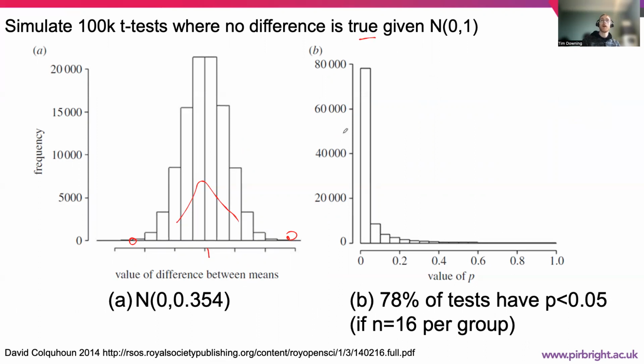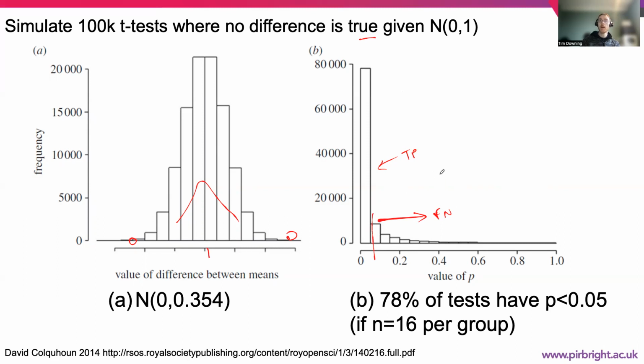This is where we have a true difference. You can see here that we have far more small p-values, but also many tests where we have false negatives, ones where we miss the effect. And these are all ones with a true effect, so there are no false positives or true negatives in this example.